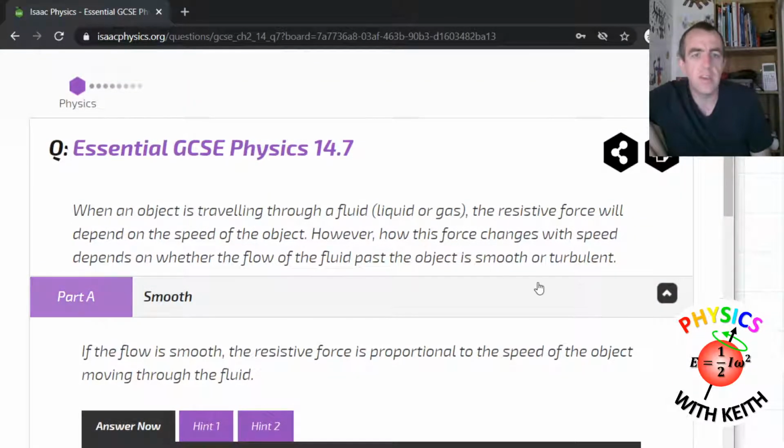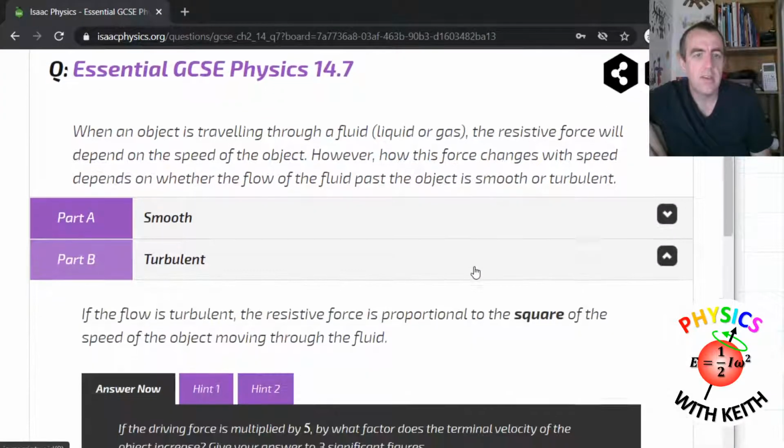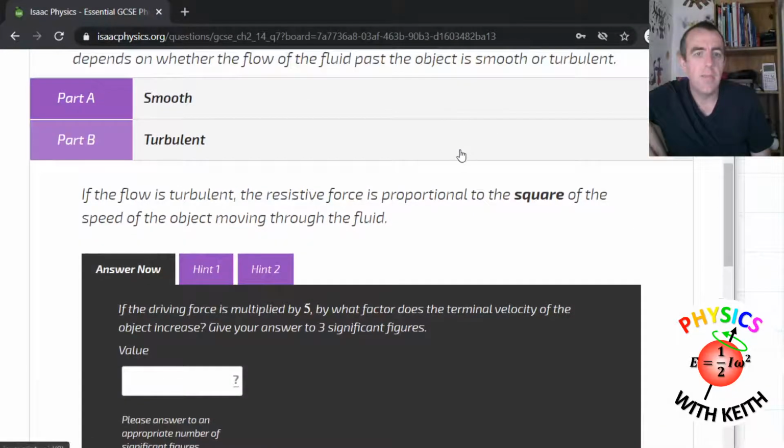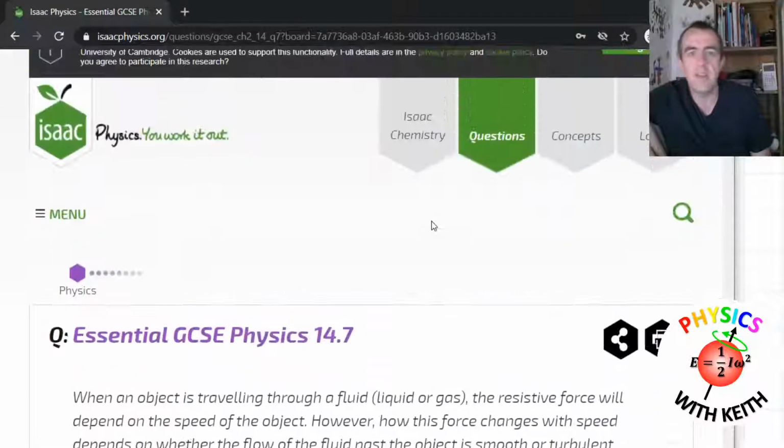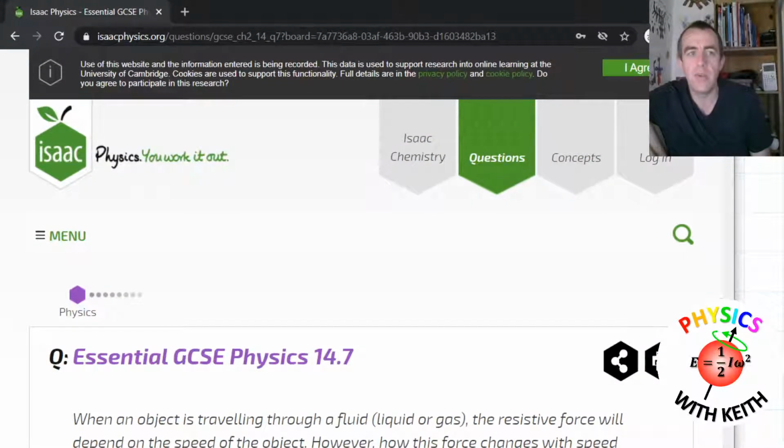Oh, okay, this looks like it's about terminal speeds. Actually, this is quite a nice question, bit of a tricky question, but it's about terminal speeds and the effect of air resistance. Basically, what happens with drag.